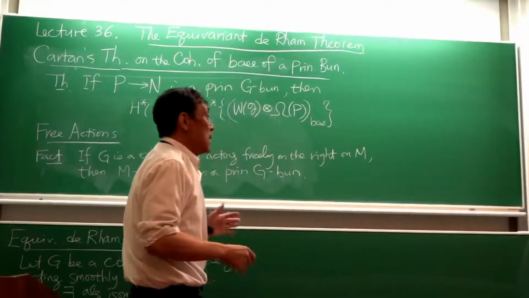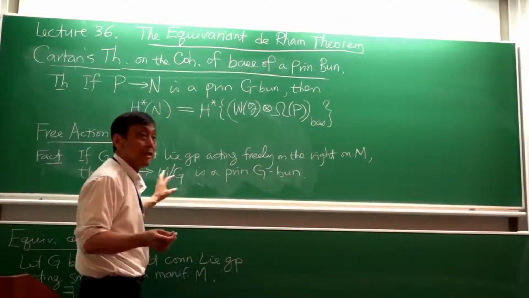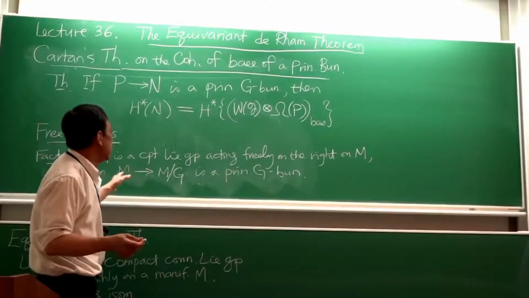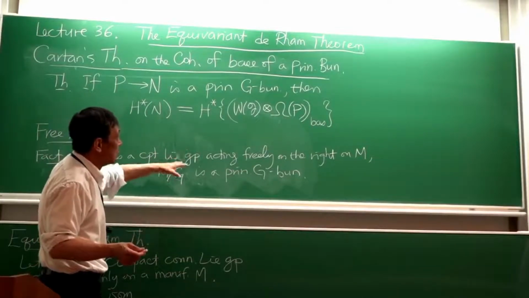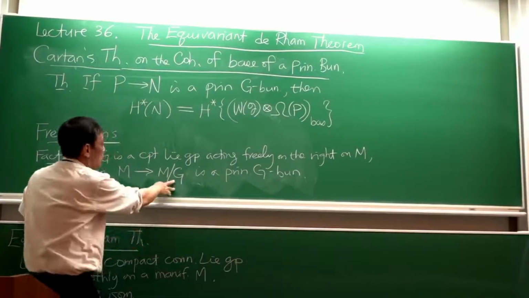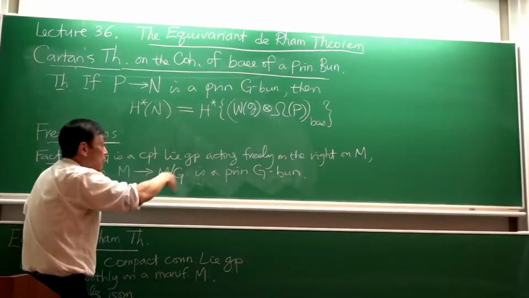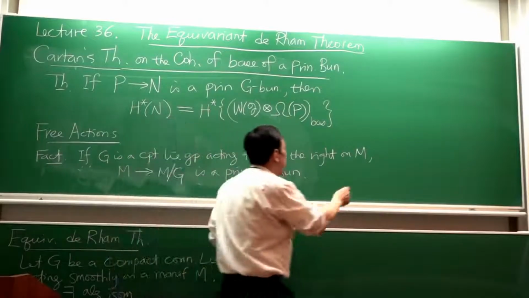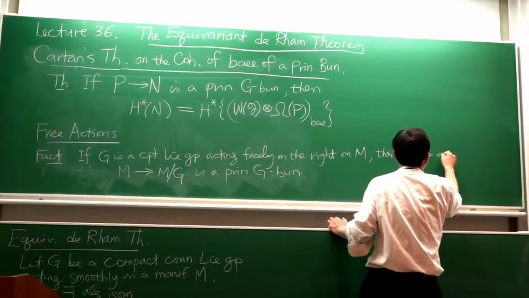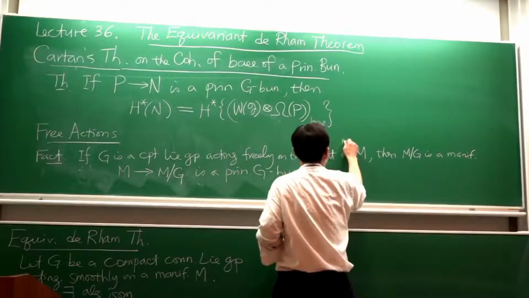And the quotient is not a manifold, and the projection map is not locally trivial. Okay, but here, if G is a compact Lie group acting freely, then the quotient is a manifold, and this map is locally trivial, so it's a principal G bundle. Okay, so here M is a manifold.